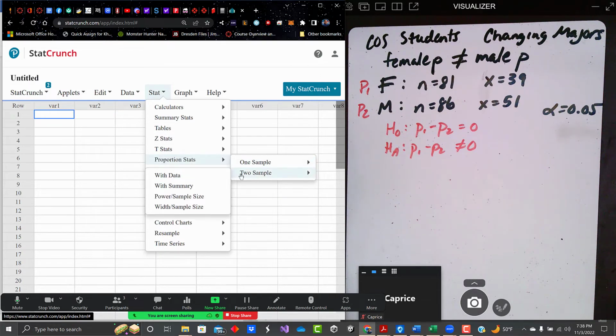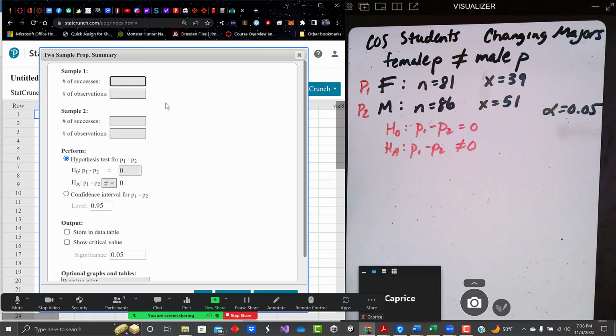Proportion stats, 2 sample with summary. I've got 39 and 81, and then I've got 51 and 86. That 51 looks a lot higher than the 39, and there's only a gap of 5 in them. So I suspect they're different, but we'll check.